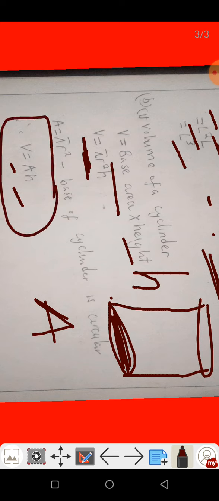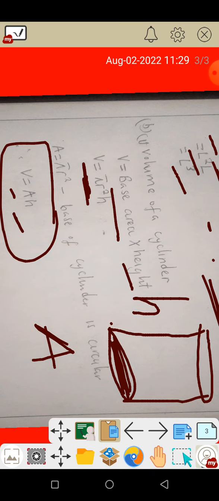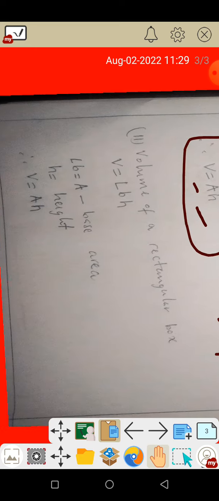Now we continue to answering question C. The volume of a rectangular block is equal to LBH.